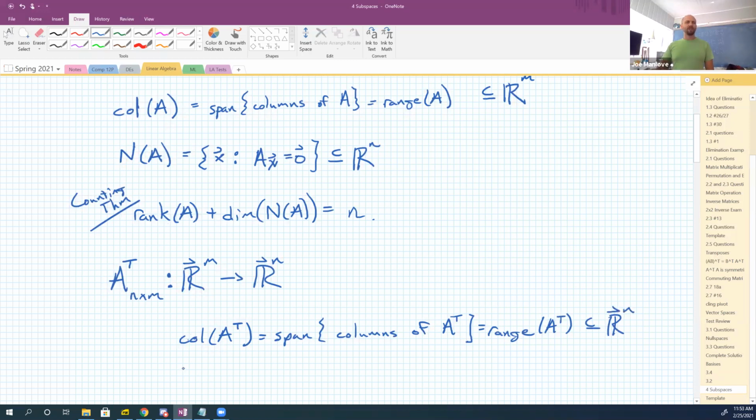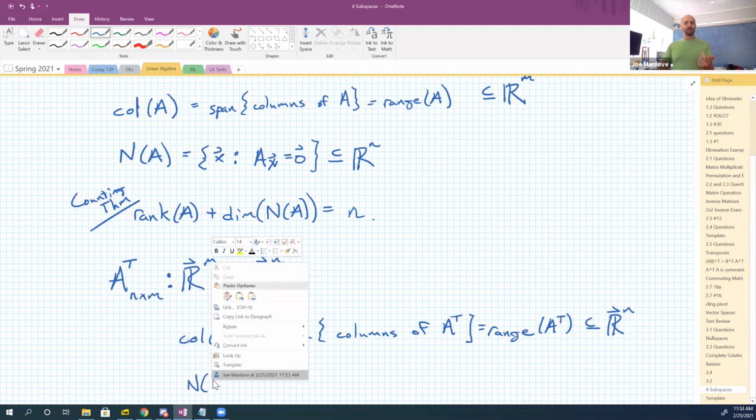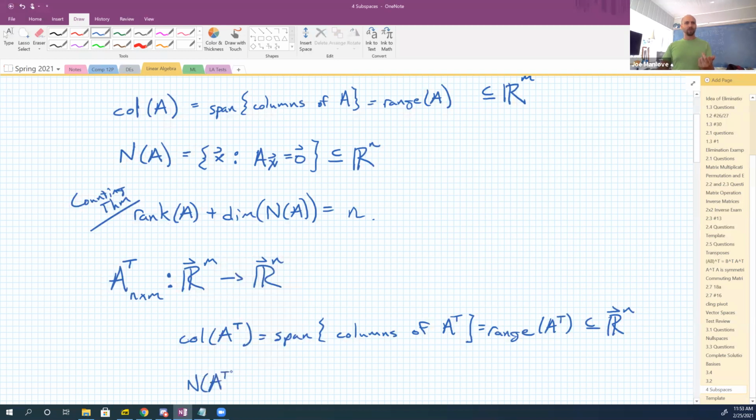Okay, now let me think here. So the column space of A transpose. Well, I guess I talked about the column space of A transpose. Maybe I should talk about the null space of A transpose. So that's going to be the vectors x with, oh, I'm calling them vectors x.